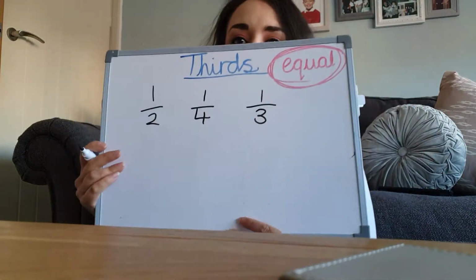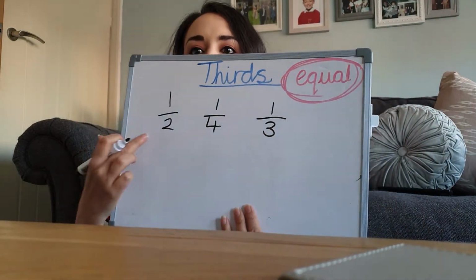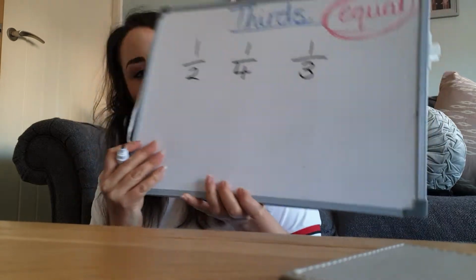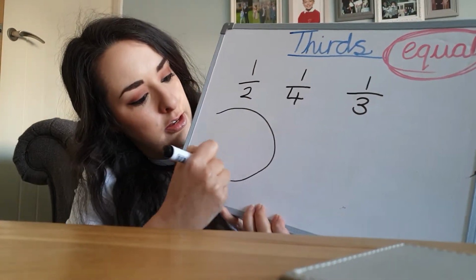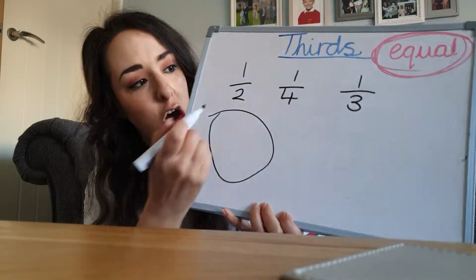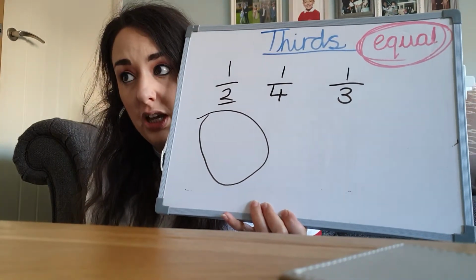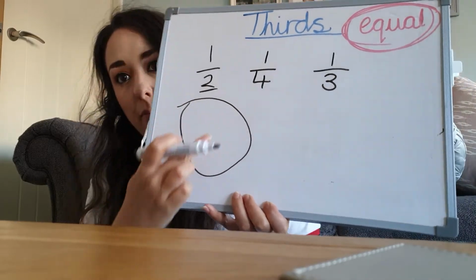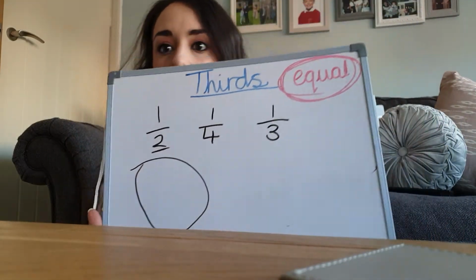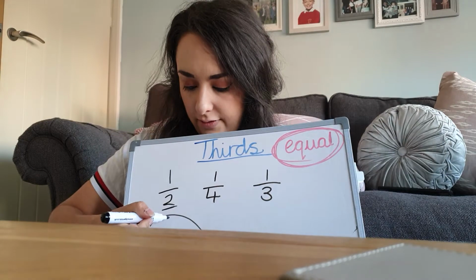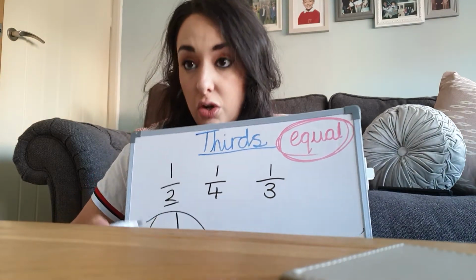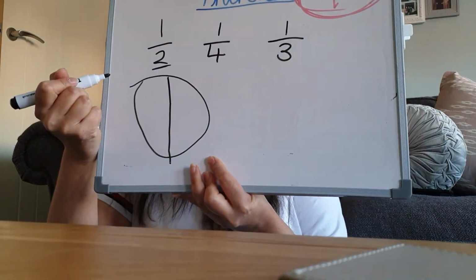Okay, just a little reminder that when we are finding a half, we know that this bottom number here, the denominator, tells us what we're going to split the shape into, how many pieces. So if I look at half, I know I have to split it into 2 equal parts.